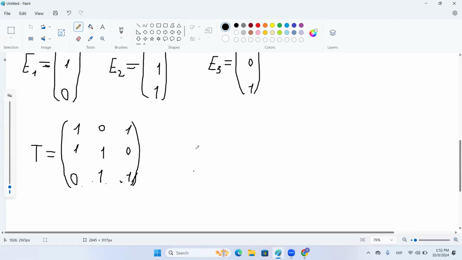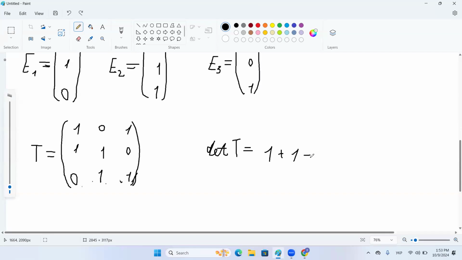Now we need to calculate its determinant. So 1 plus 1 minus 0, 0 and 0.